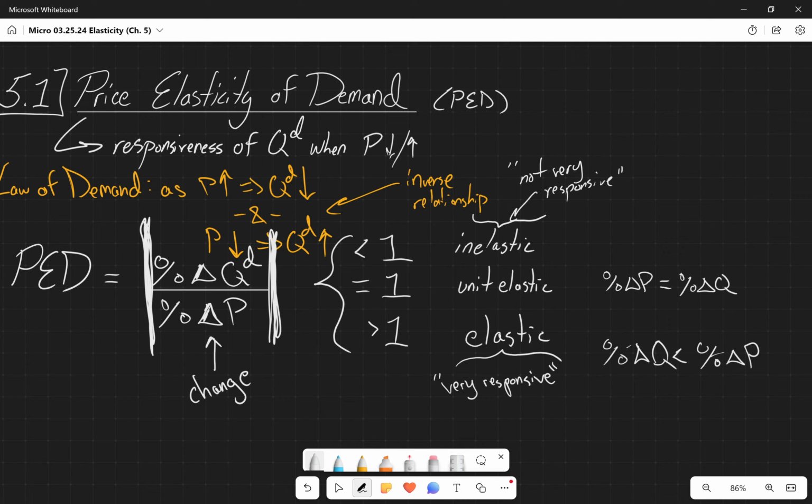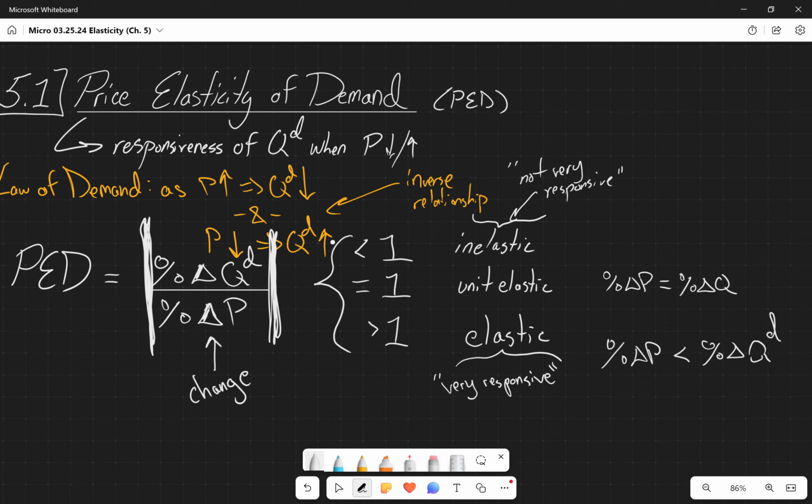Oh, sorry. I got thrown off. I was like, that sounds completely wrong. And it is, it's backwards. So elastic is when we have a change in the price that is less than the change in the quantity.